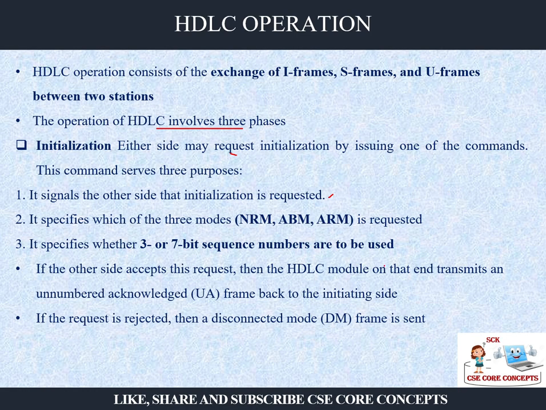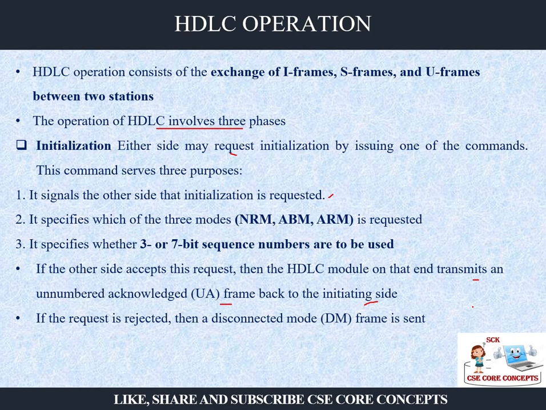So if the other side accepts this request, when you have initialized and the other side says okay, I can, then it transmits an unnumbered acknowledgement frame back to the initiator. The one who has initialized is sending a request to the other party that I want to start a communication. Let's say source A and B. A is initializing.